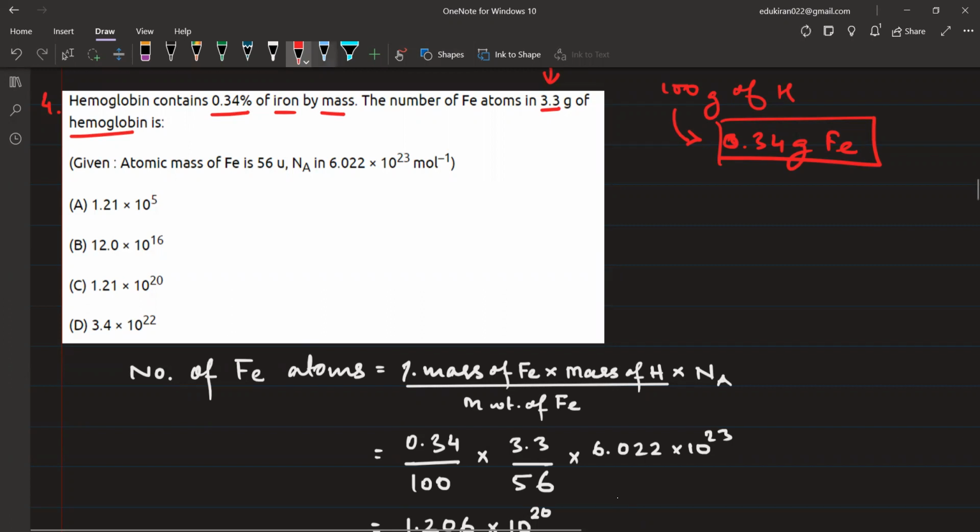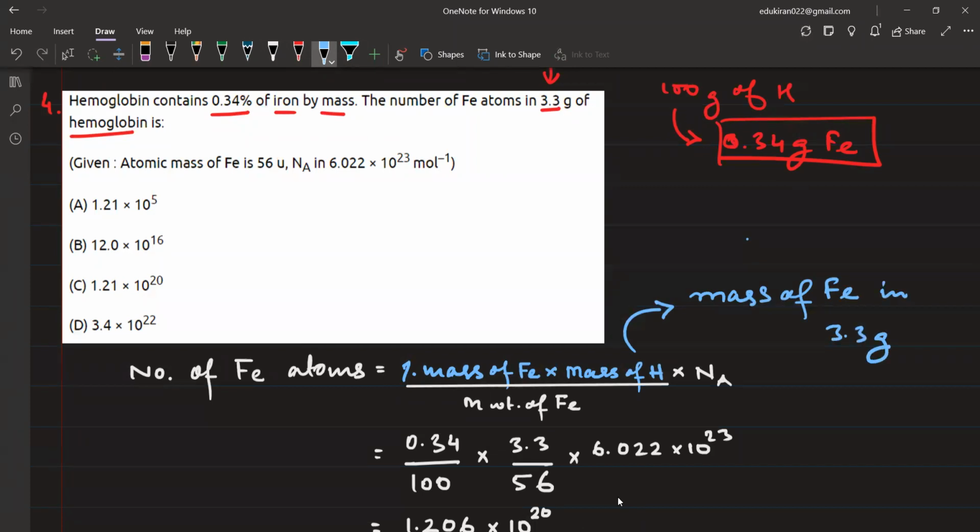This blue part is going to give you the mass of Fe in 3.3 grams. This part is going to give you the mass.